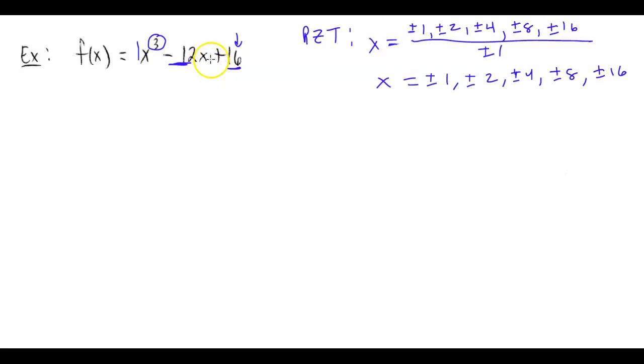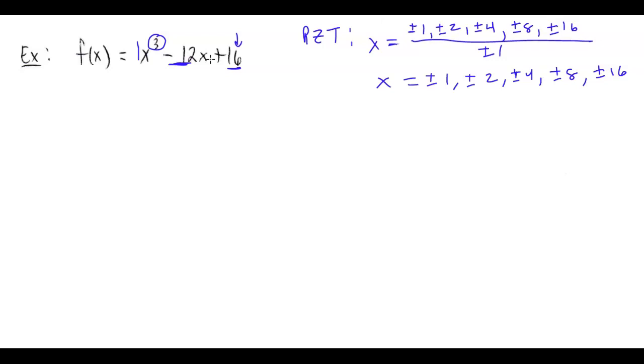Now, here's where using technology could actually help shorten this process a lot. We could do synthetic division 10 times, but that's a lot of writing. And the thing is, we want to use synthetic division judiciously. We only want to use it once we know what we have actually works.